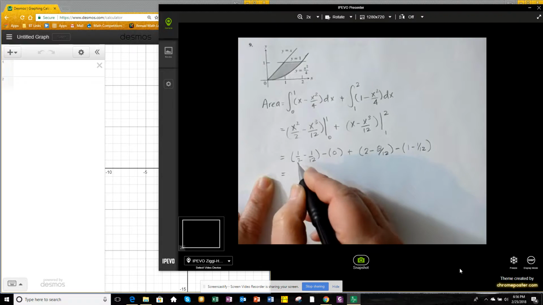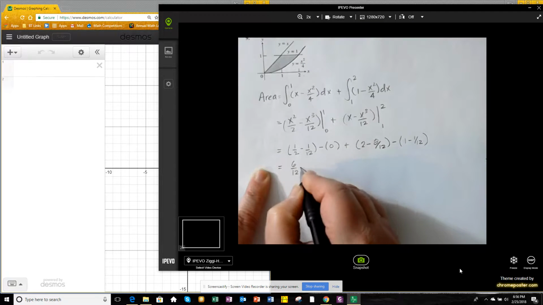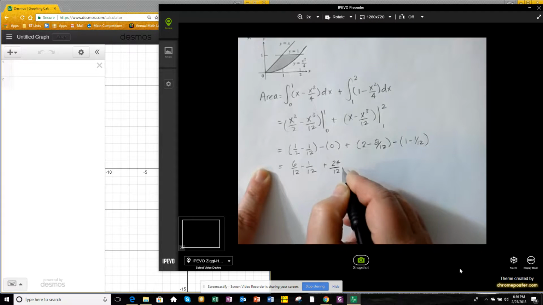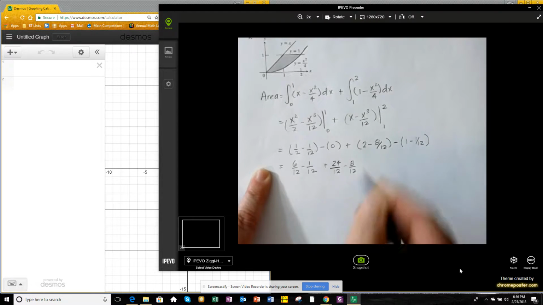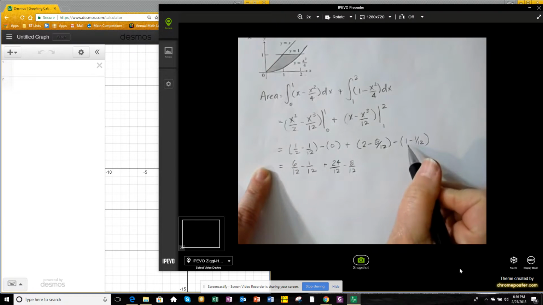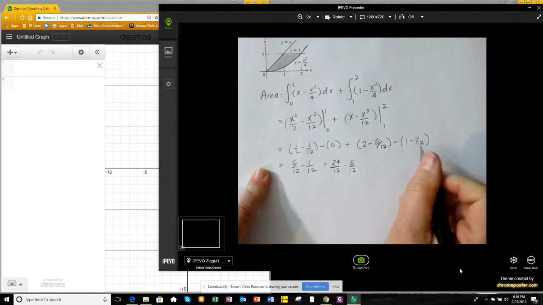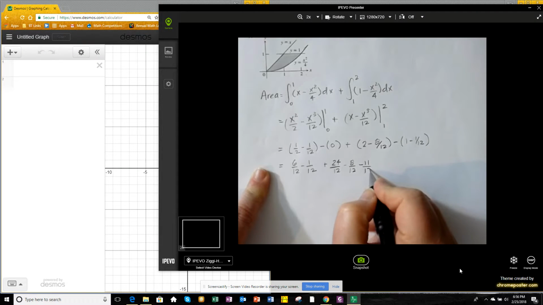And when we simplify all of this, we get 6/12 minus 1/12, plus this is 24/12 minus 8/12, and this is minus 12 over 12 minus 1 over 12. So this is going to be a negative 11/12.